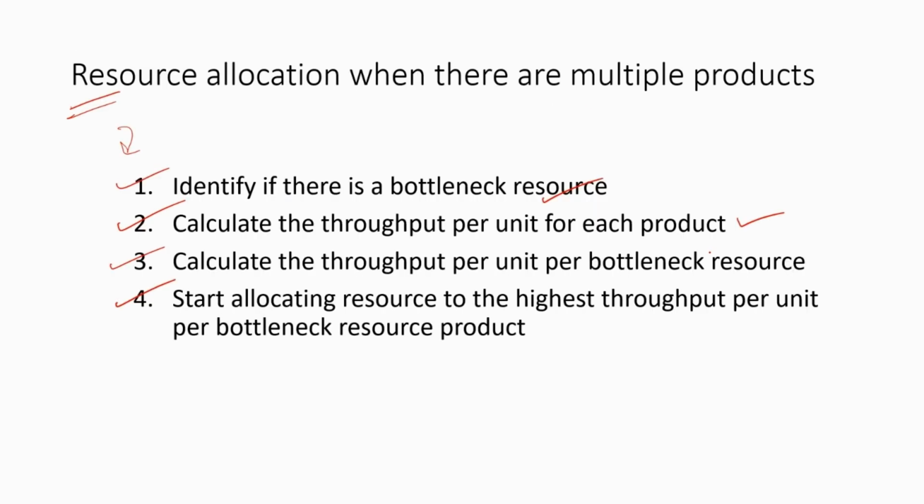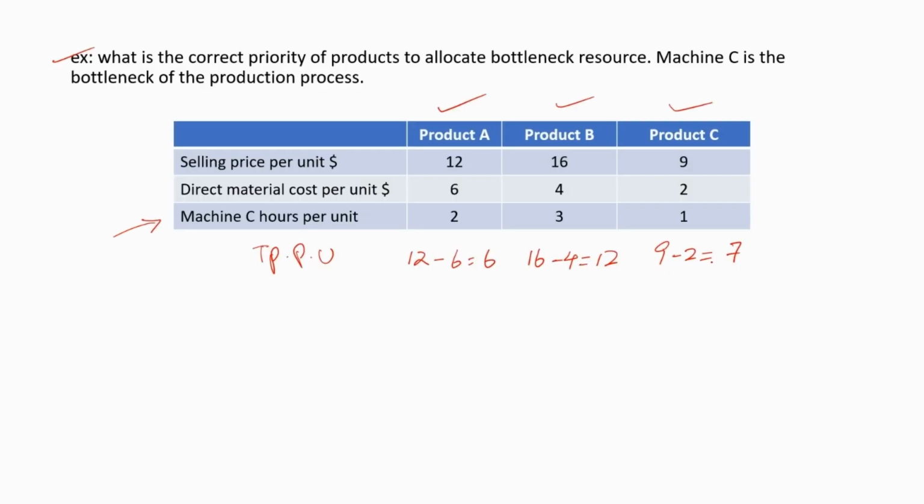Let's go back again. Now that we have calculated the throughput per unit, we have to calculate the throughput per unit per bottleneck resource. So we have to divide the throughput per unit values by the bottleneck resource per unit. They have given us that it will take 2 hours of machine C to produce 1 unit of product A. Since machine C is the bottleneck, we can divide this 6 by 2 hours.